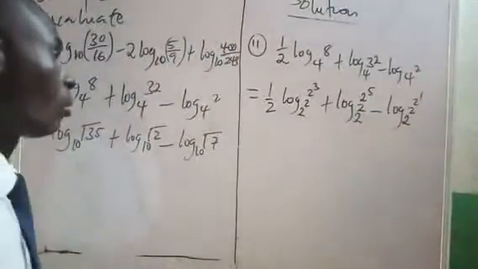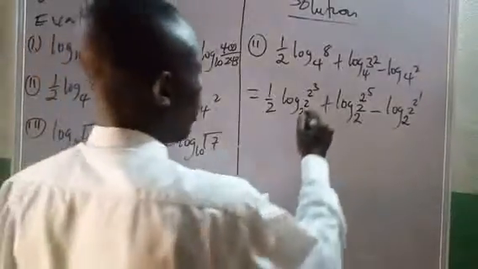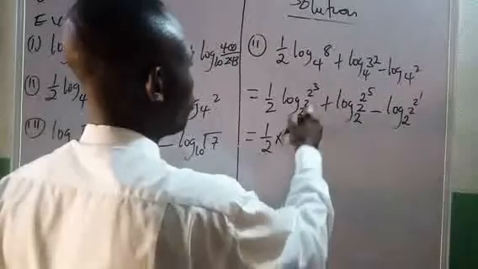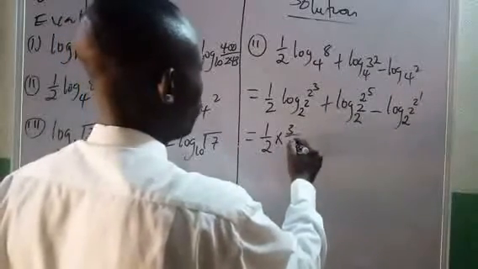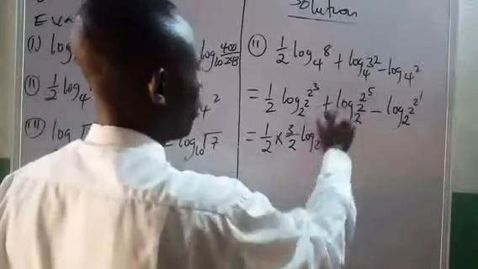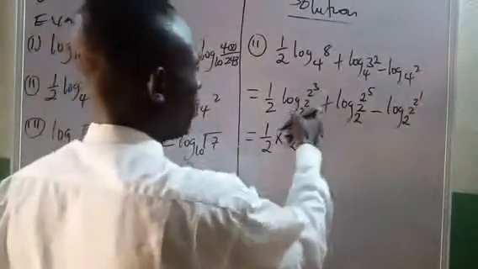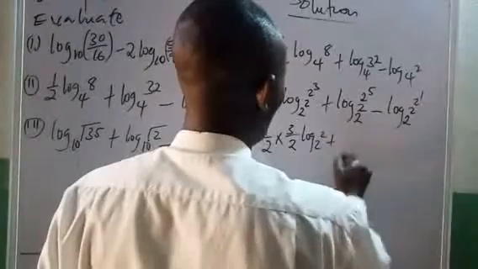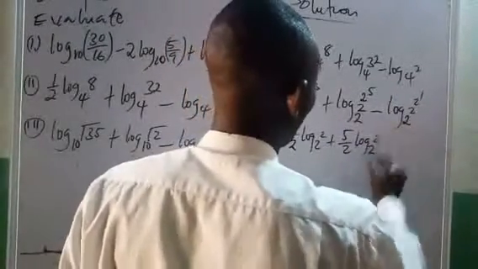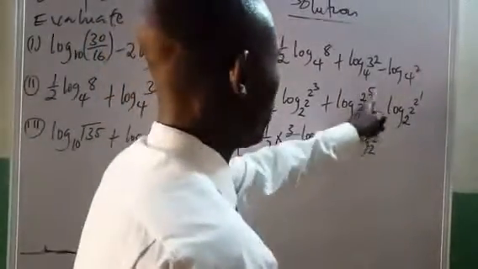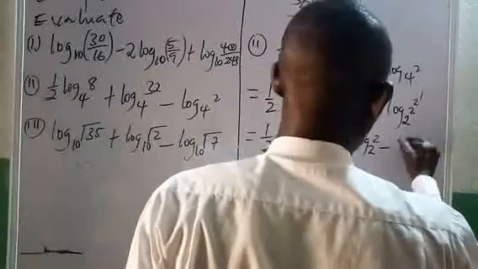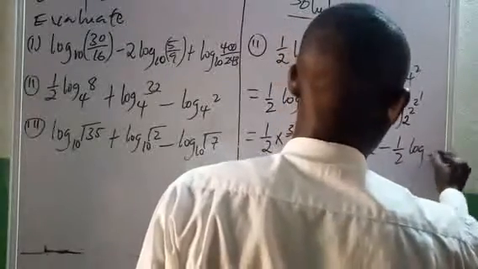Then, remember, this will become 1/2 times 3/2 log 2, pair these two together, I have 3/2 plus 5/2 log 2, pair these two together, minus 1/2 log 2.